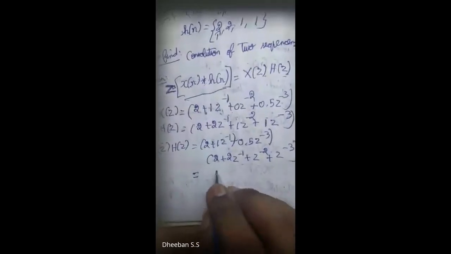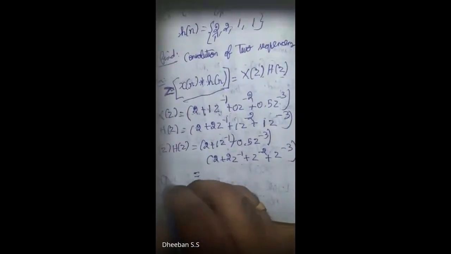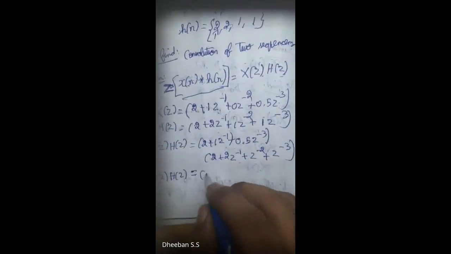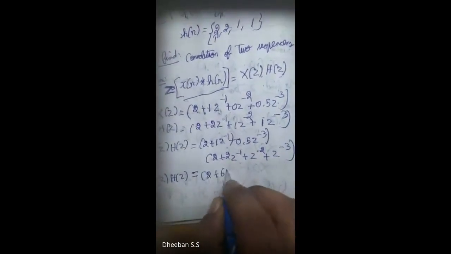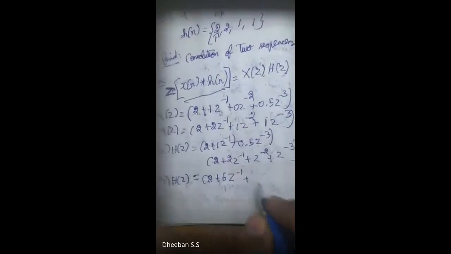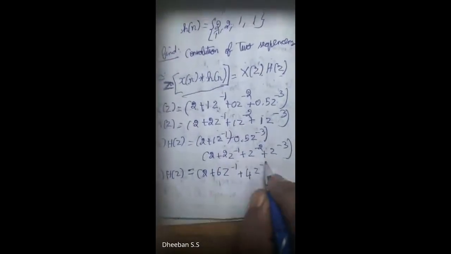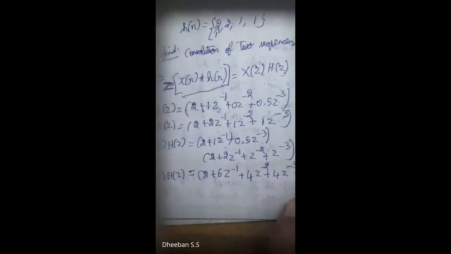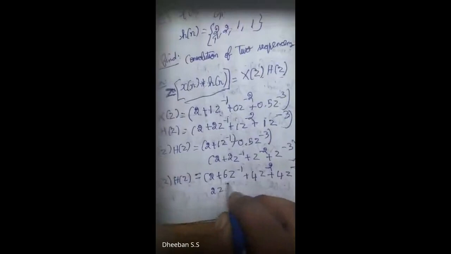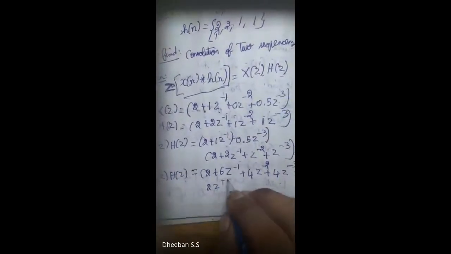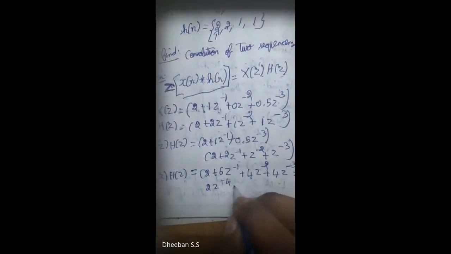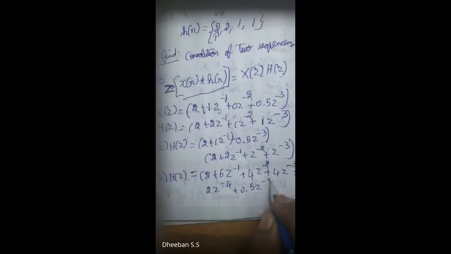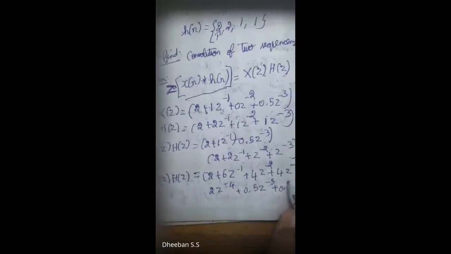After multiplying, we will be getting X of z into H of z equal to 2 plus 6 z minus 1 plus 4 z minus 2 plus 4 z minus 3 plus 2 z minus 4 plus 0.5 z minus 5 plus 0.5 z minus 6.